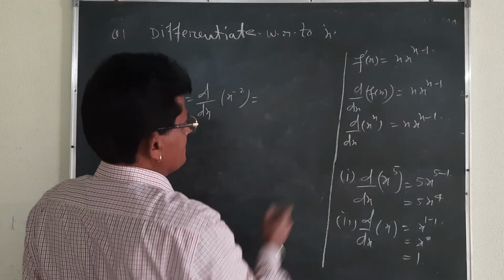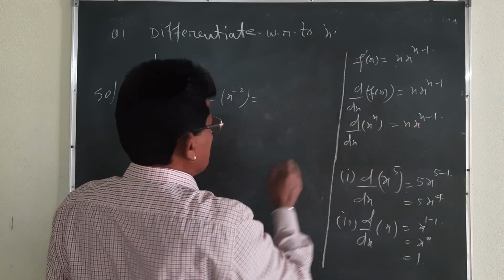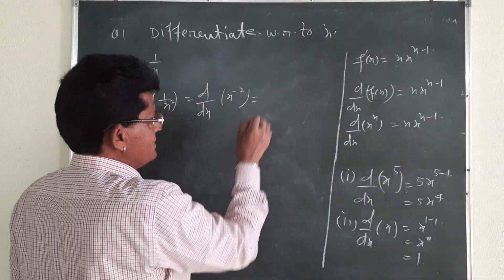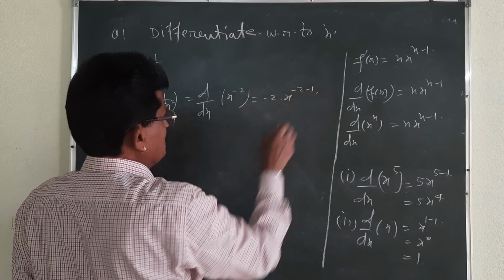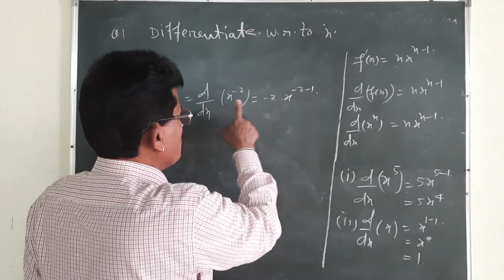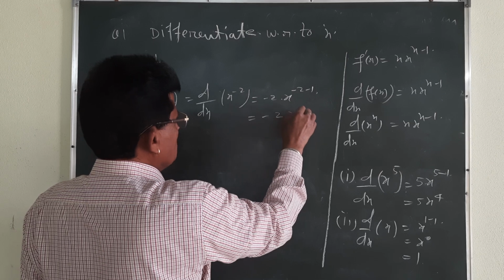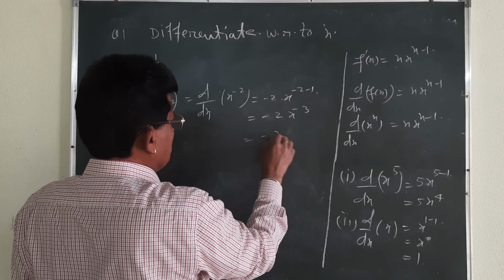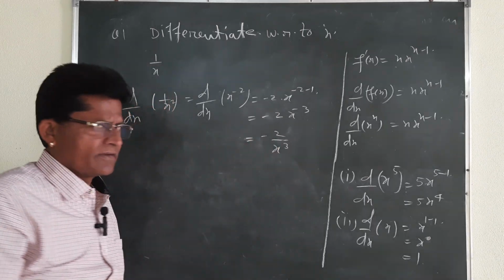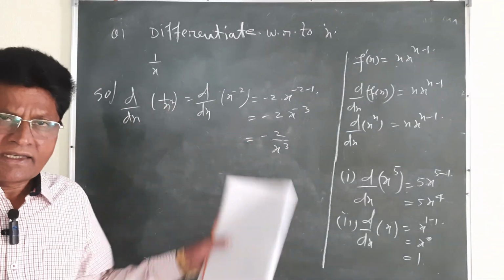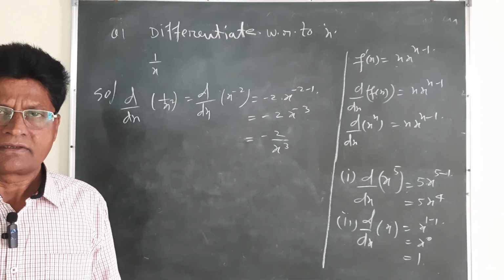Use the same formula, x to the power n is equal to n x to the power n minus 1, but n is minus 2. x to the power minus 2 minus 1, and that is minus 2, I already told you. It will be minus 2 x to the power minus 3, and its value will be minus 2 upon x to the power 3. See, very simple. But generally the student commits mistakes in such simple questions as well.